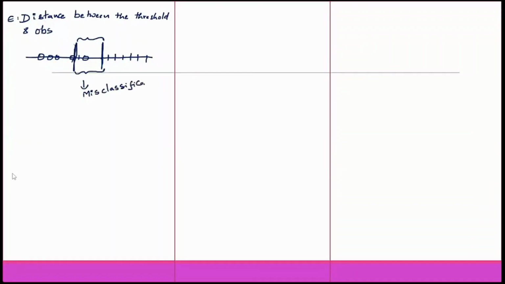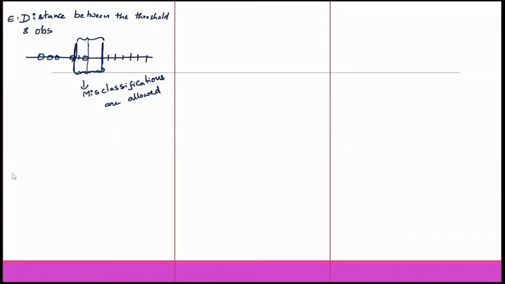Now you see the difference. I am not bothered about some small misclassification, as long as the error is within this epsilon limit. The misclassification is fine for me.